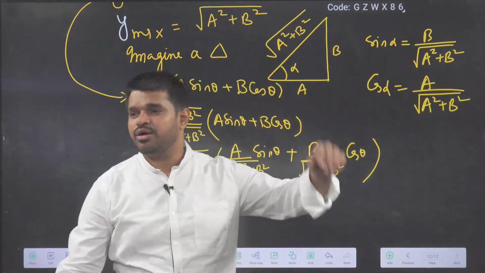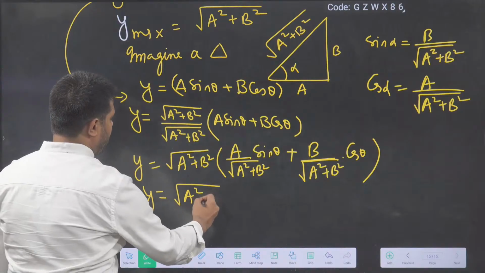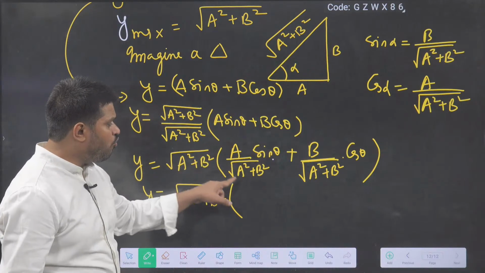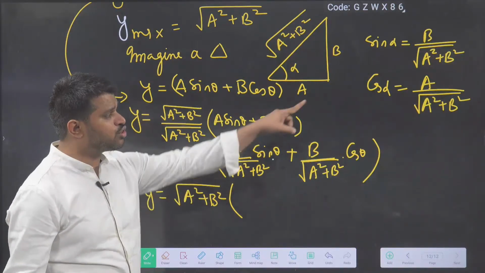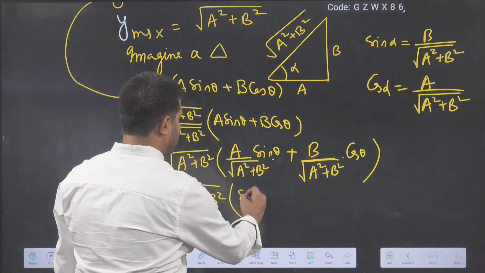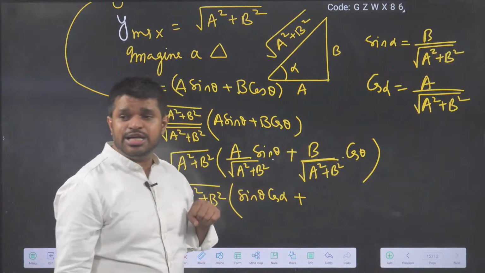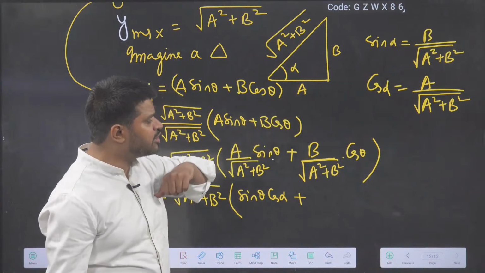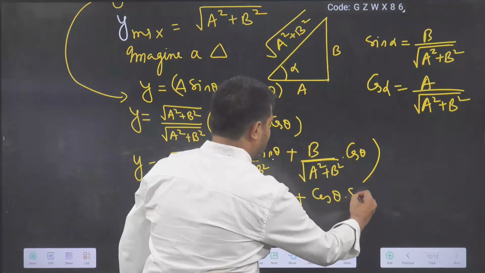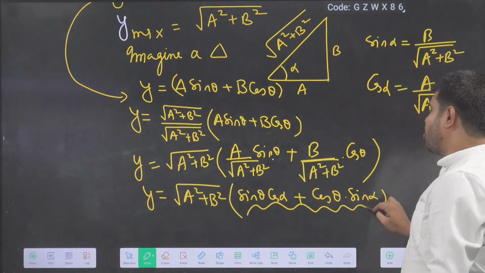Now proof is done. Y equals under root of A square plus B square. Now sine theta, what is this quantity? A by under root of A square plus B square is cos alpha. So sine theta into cos alpha plus cos theta into sine alpha, since B by under root of A square plus B square is sine alpha.